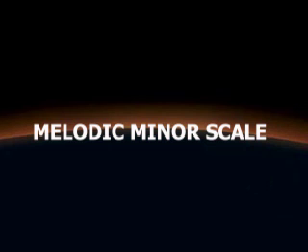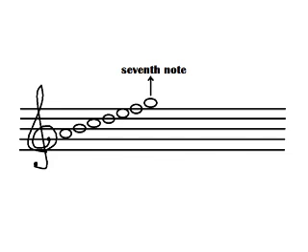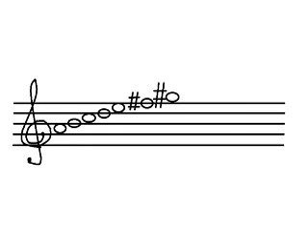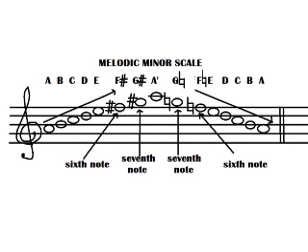Finally, the melodic minor scale. The melodic minor scale is a little bit different from the harmonic minor scale. In this case, while ascending, you raise the sixth and the seventh notes. Remember how notes can be raised? You raise the sixth and the seventh notes while ascending, and you restore them while descending.